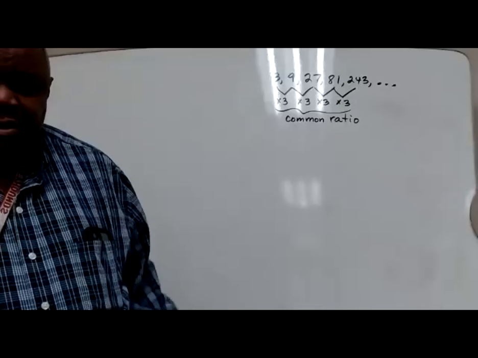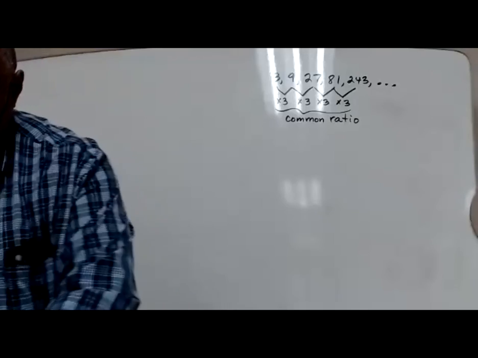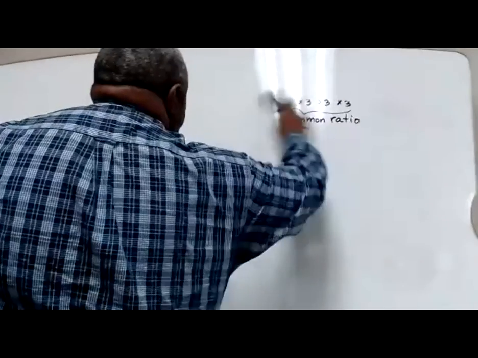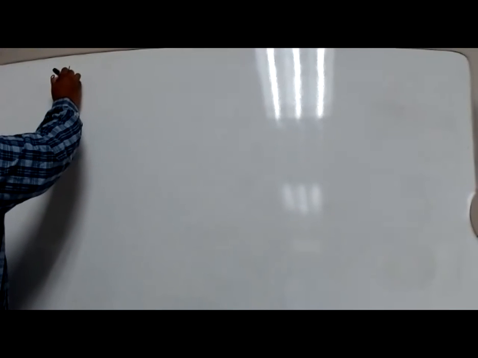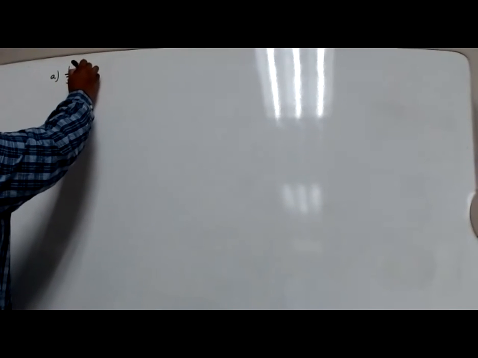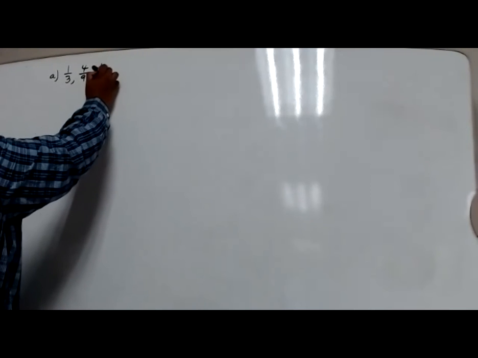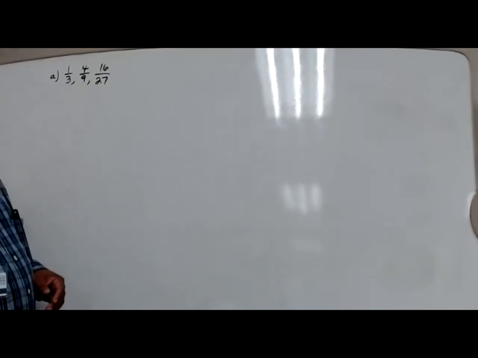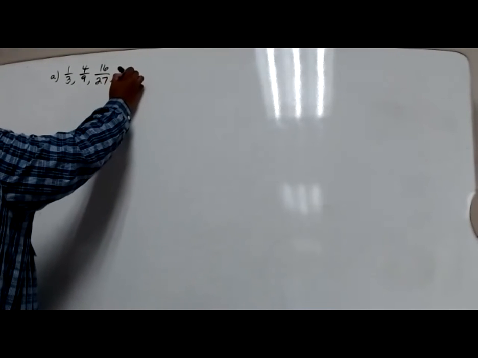We will start with part A, which in this case is 1/3, 4/9, 16/27, and this does continue.